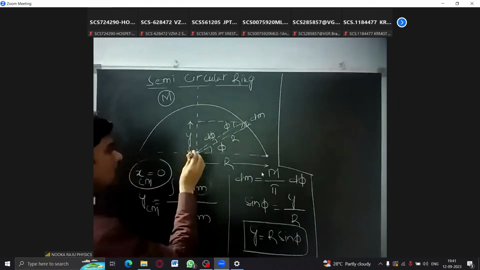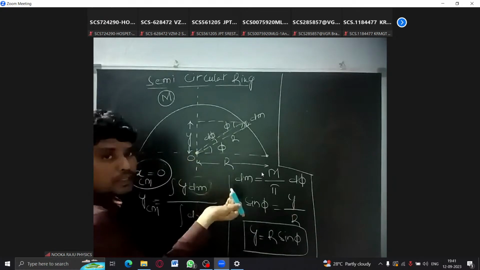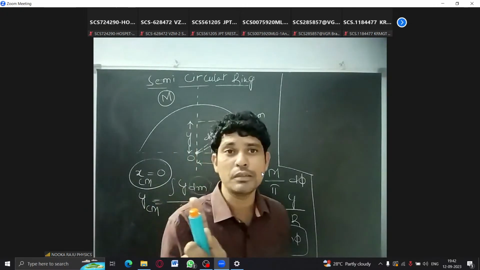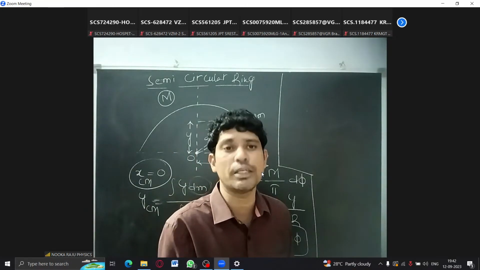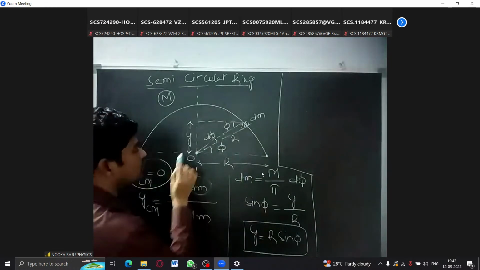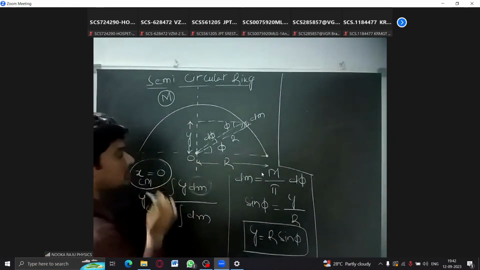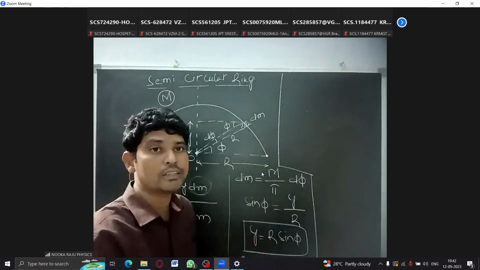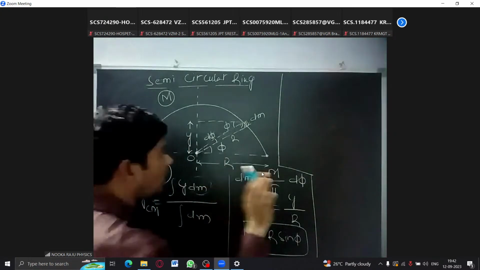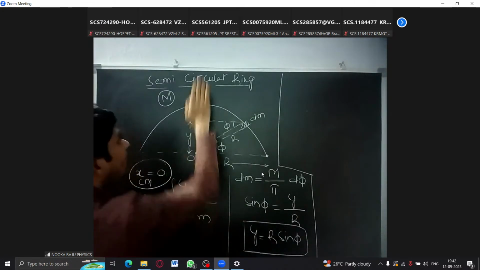At this point, the center of mass xcm equals 0, because this is a fixed point and the center of mass does not change along this path. So automatically the center of mass must lie on the y-axis.